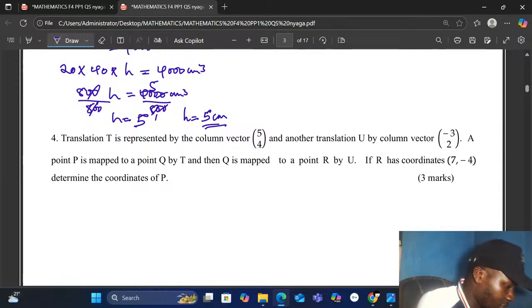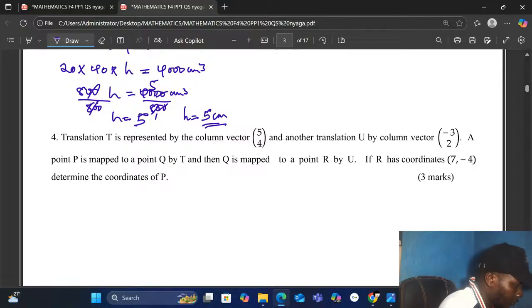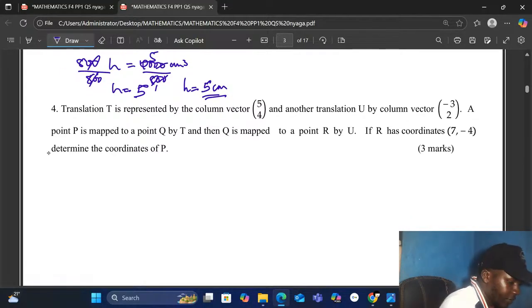A point P is mapped to a point Q by T, and then Q is mapped to a point R by U. If R has coordinates of 7 and -4, determine the coordinates of P. Now, we are given T is equal to 5, 4, then U is equal to -3, 2.